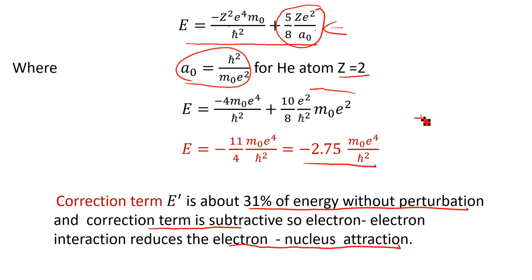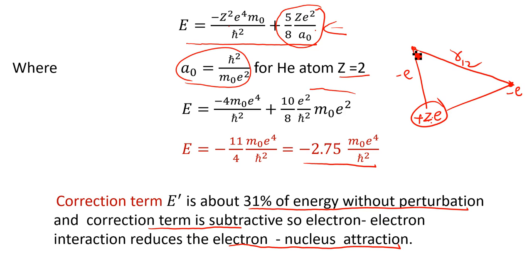That means this is a nucleus and this is one electron, this is another electron. This is the interaction between electrons. And Ze squared is the interaction between nucleus and electron.